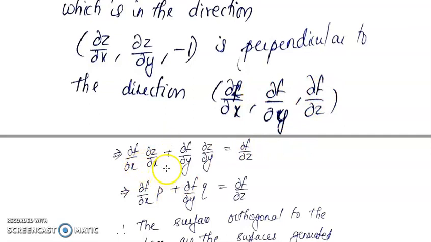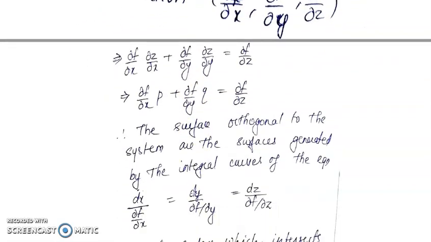Now I need to solve for z from here. So I am getting the equation dou f by dou x p plus dou f by dou y q equal to dou f by dou z. Okay, so here this is an equation satisfied by the surface z equal to phi of x, y.